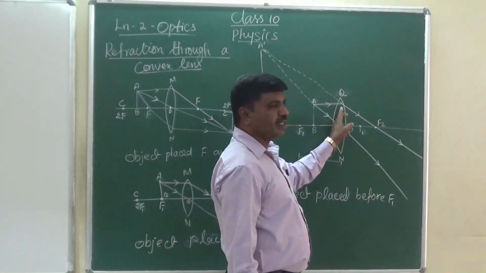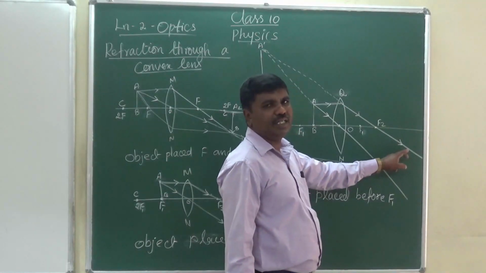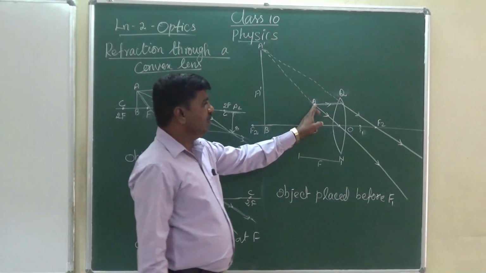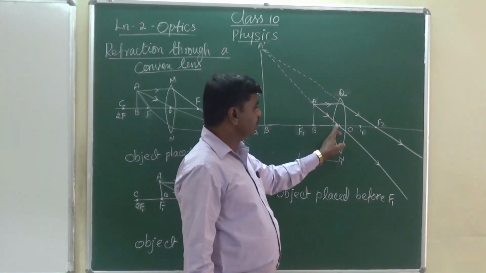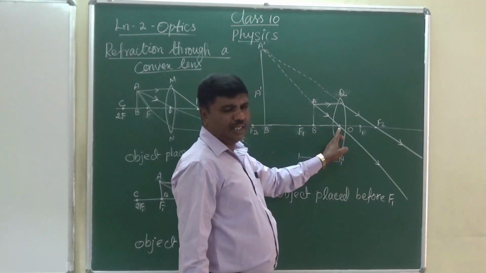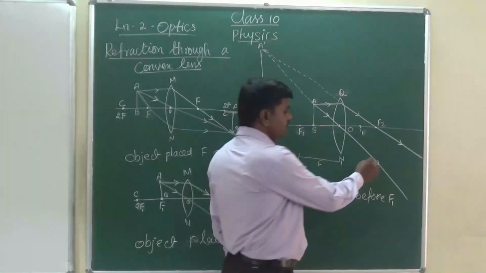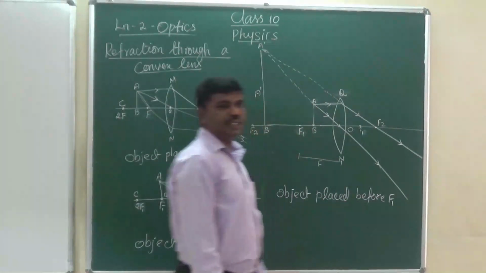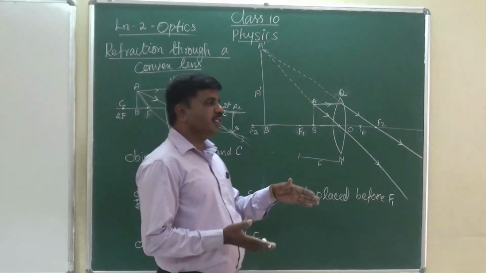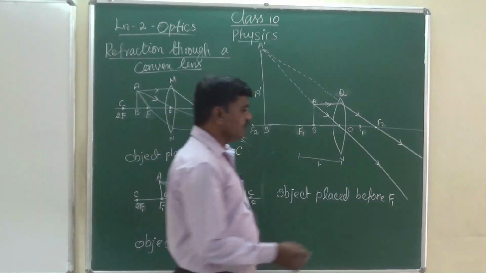When it hits the lens, it takes deviation. Then another ray, the same way, coming through the optic center or optical axis, takes deviation. So they are not parallel and they don't join.